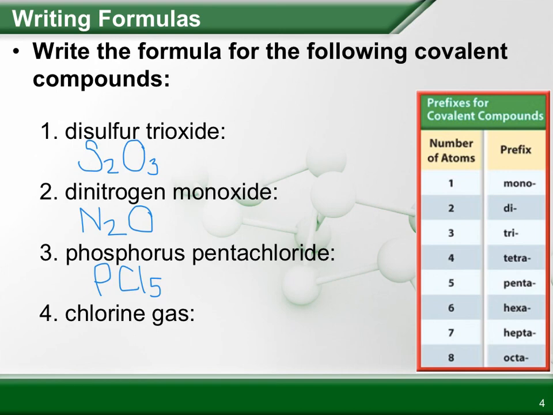It's just the first name. So you might see it as chlorine gas, but you could also see it as dichlorine, as if I was just writing the first name of a compound. So dichlorine or dihydrogen or dibromine.